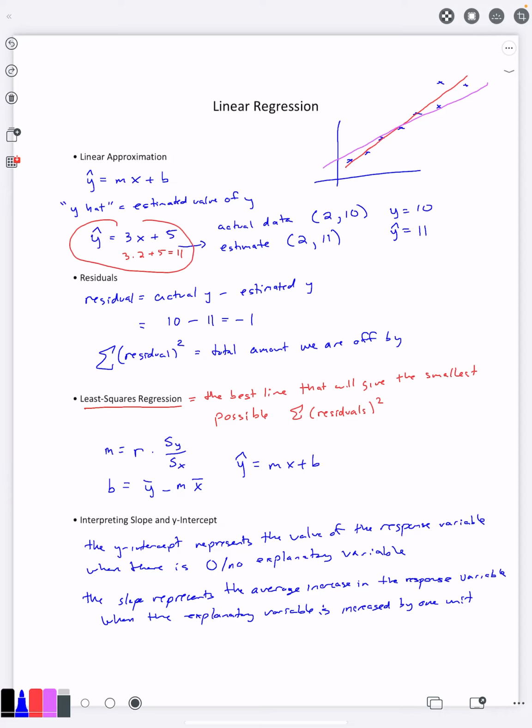So thinking back to the age and income example, that means as you get 1 year older, how much more on average are you going to make? That's what the slope would represent there.